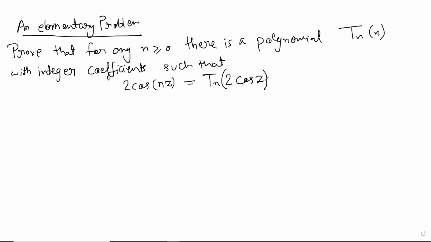So when you input 2 cos z, then the output turns out to be 2 cos nz. So it's an interesting polynomial.